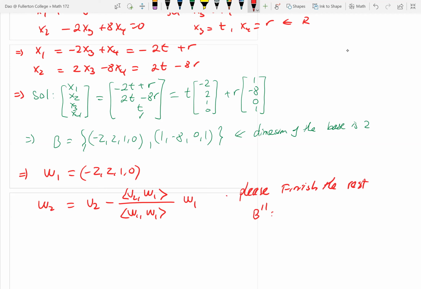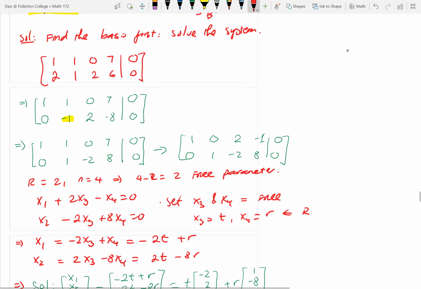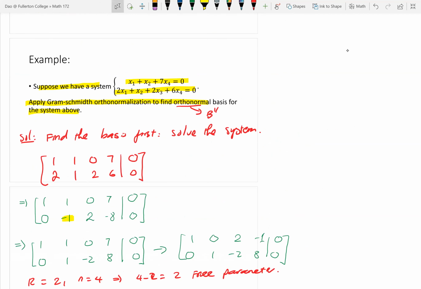Okay, so we have 3 examples. In the first 2 I gave you the bases, and you just have to use the Gram-Schmidt procedure to find the orthogonal basis, the orthonormal basis. And in the last example you just saw, they don't give you the basis, they just give you the system. So that's easy.